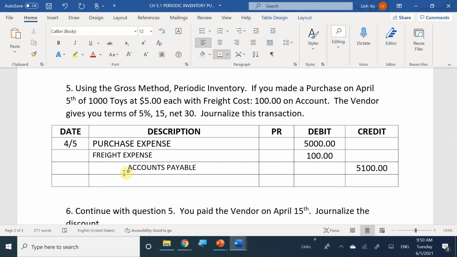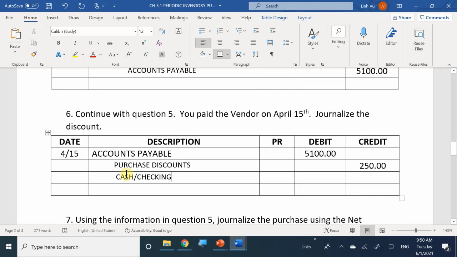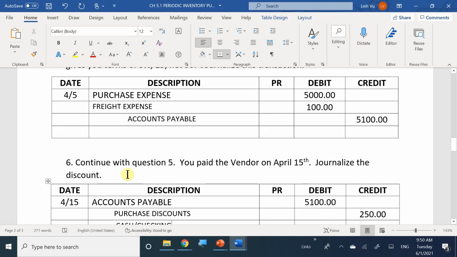Given how we're answering the question on number 6, we're taking the 5% or the 255 out of the total, which is the 5,100. But the 5,100 includes the freight cost. Exactly. But where I'm getting confused is we only should be applying the discount to the 5,000, not the total amount, right? Correct. Because the freight cost is included in the total.